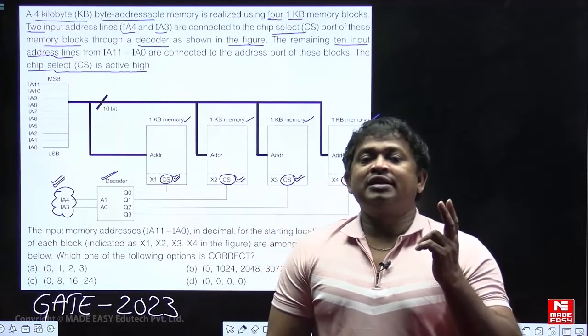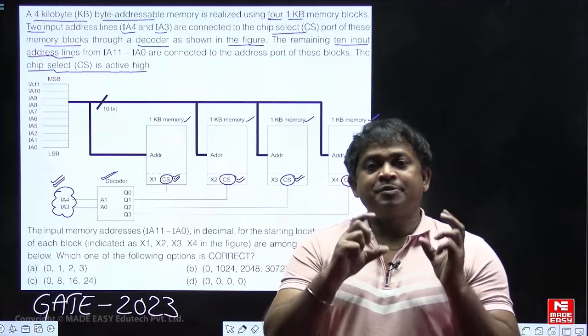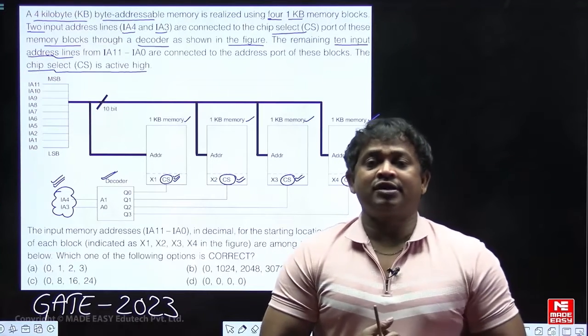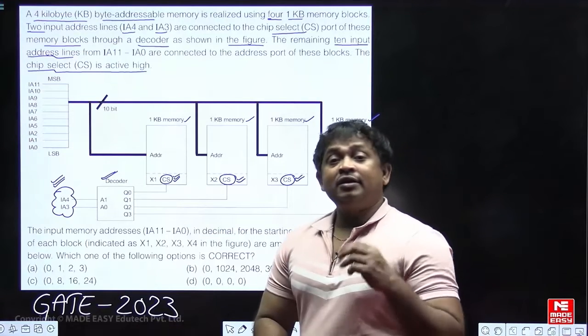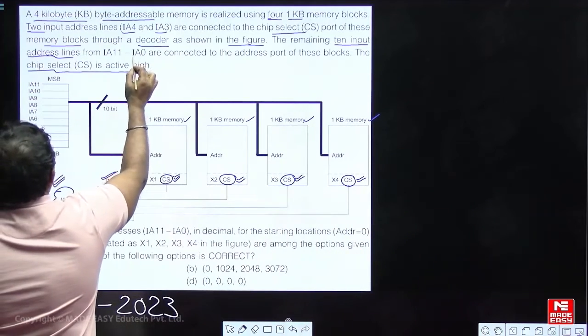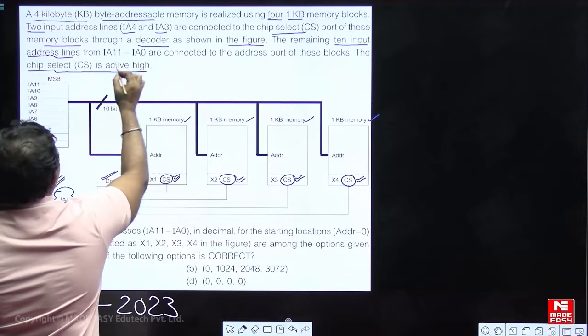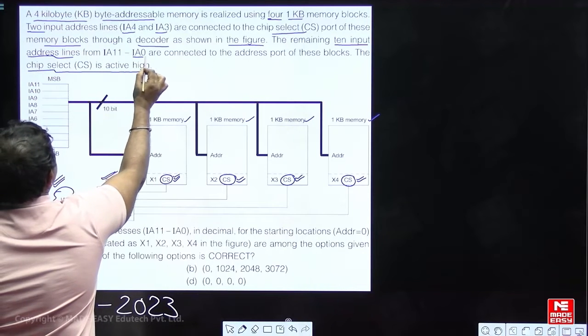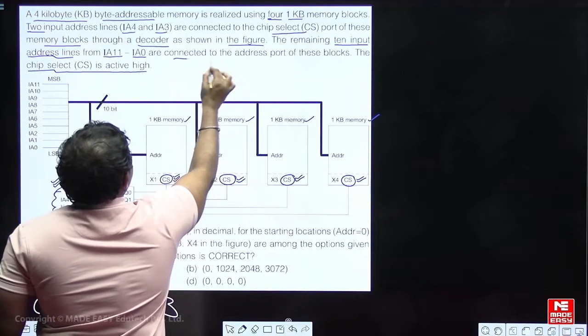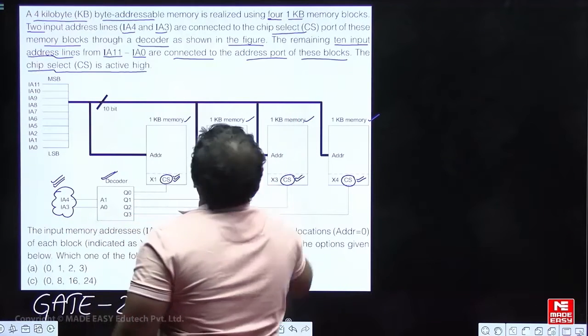So 2 address lines are used as chip select lines connected to the decoder circuit, and the remaining 10 address lines from IA0 to IA11 are connected to the address port of these blocks.